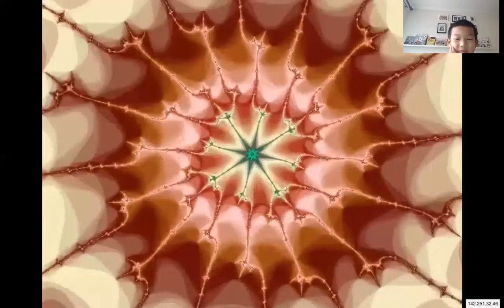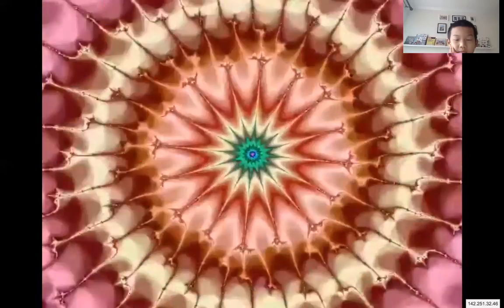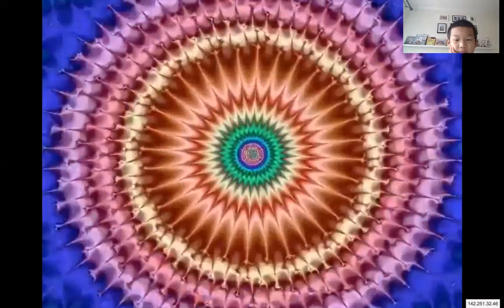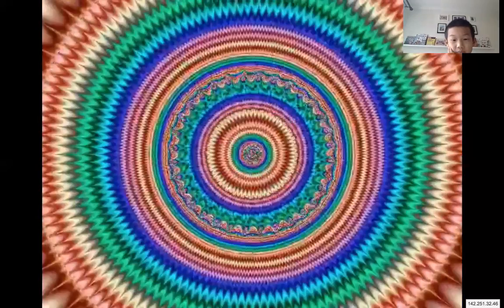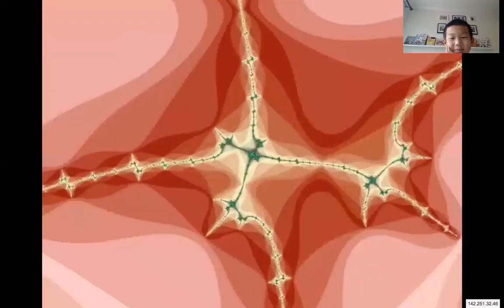What's in here? Mandelbrot set. This thing is spiky.